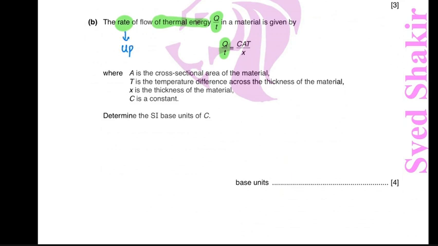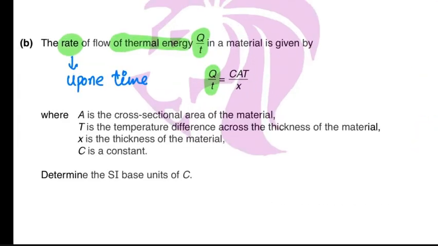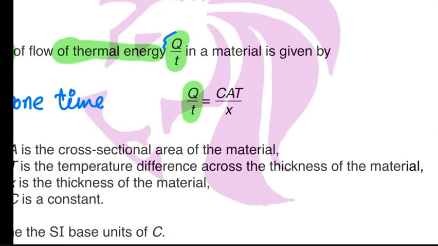Rate means upon time. The rate of thermal energy means thermal energy upon time. It simply means energy upon time, which means work done upon time. What is it? It's power. Q upon t is power.